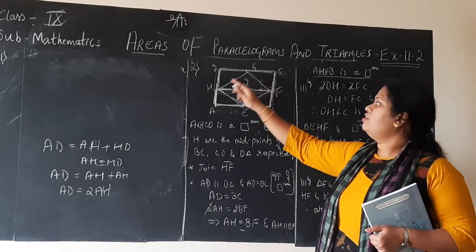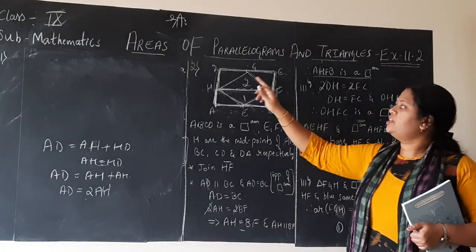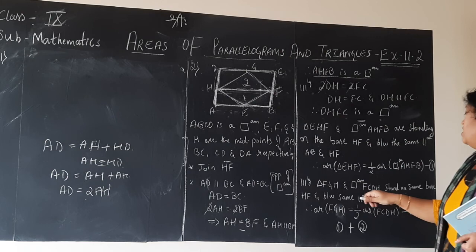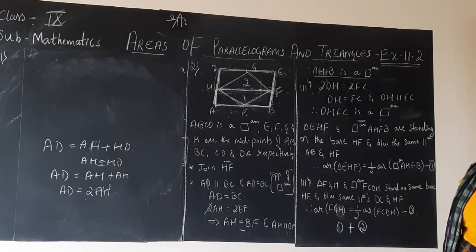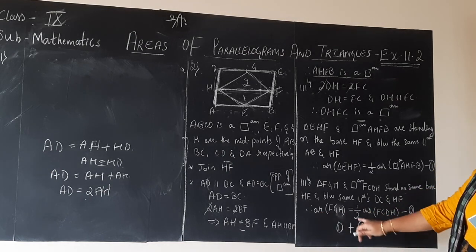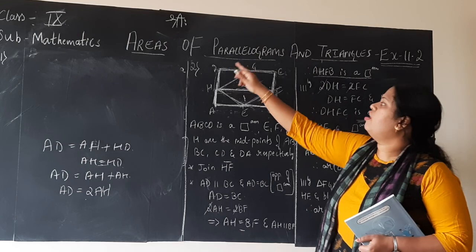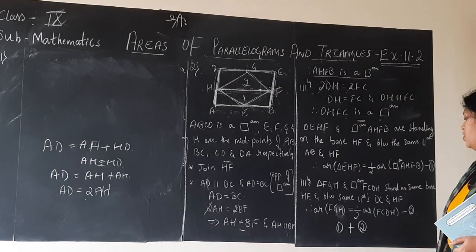Similarly, the second triangle FGH and parallelogram FCDH stand on the same base HF and between the same parallels DC and HF. So area of triangle FGH is again half of area of FCDH. Call it equation 2.